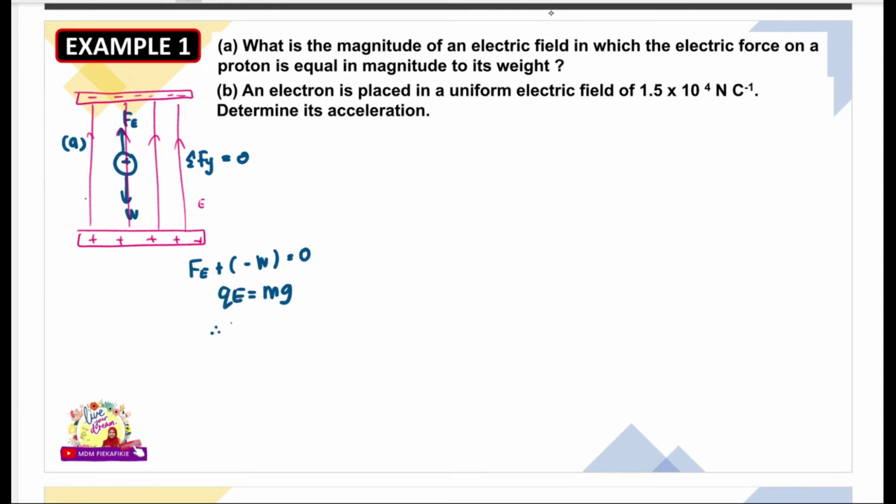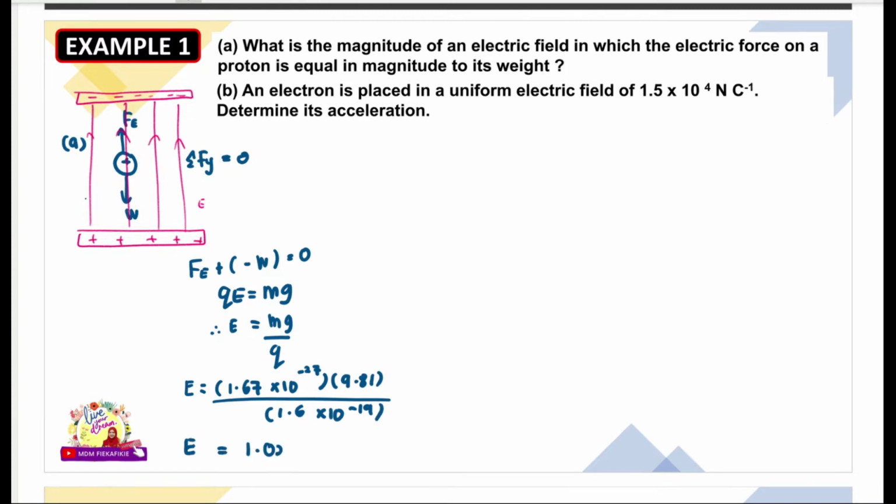Therefore, we can calculate E is equal to mg over Q. Okay, so awak substitute lah semua nilai, where the mass of the proton is 1.67 exponent negative 27, g is 9.81, and Q, the charge of proton, is 1.6 exponent negative 19. Alright, so E you akan dapat 1.02 times 10 power of negative 7 Newton per coulomb. Okay, so this is the answer.